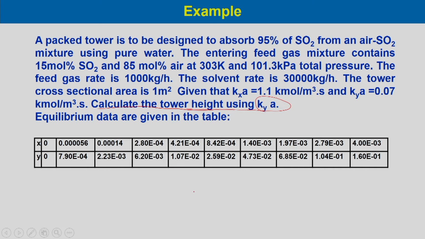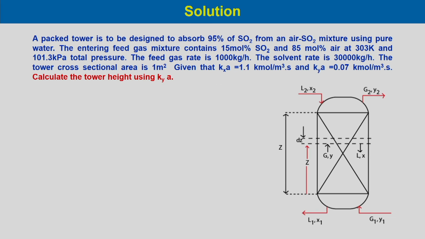The data provided are the equilibrium data, x and y. For this sketch, the same sketch can be used, and we need to calculate the average molecular weight of the feed gas.